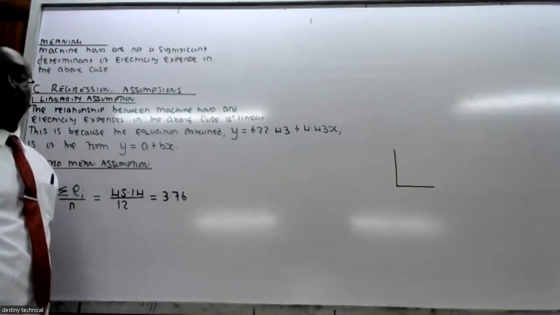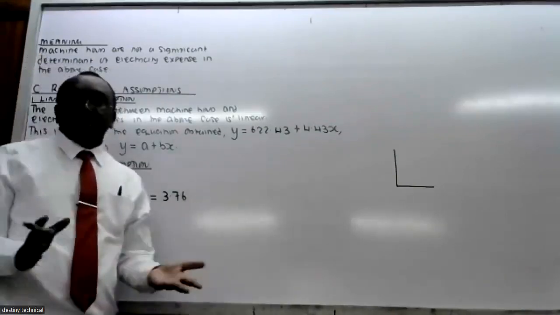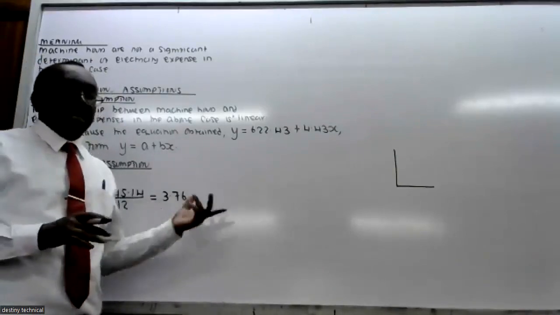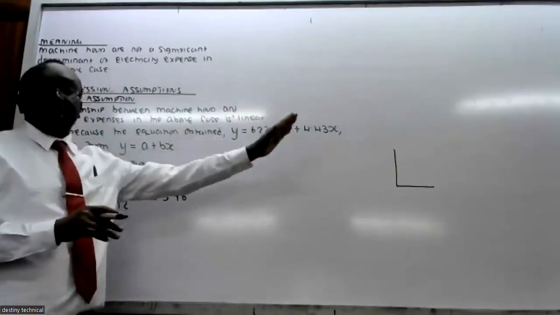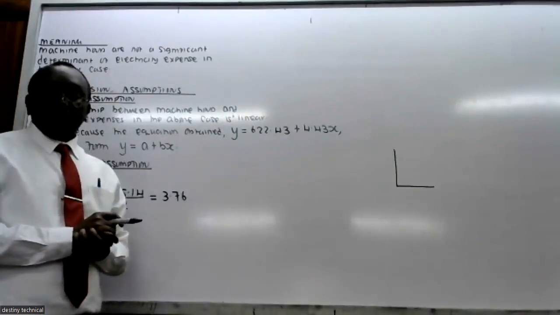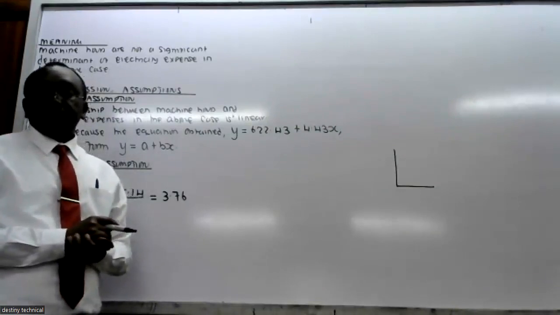So what you need to ask yourself is, if we are making an error of 3.76, is it significant? You can answer that subjectively, saying this is very small. Or if you want to be objective, you do a hypothesis test like we have done, and you confirm whether it is different from 0 or not.